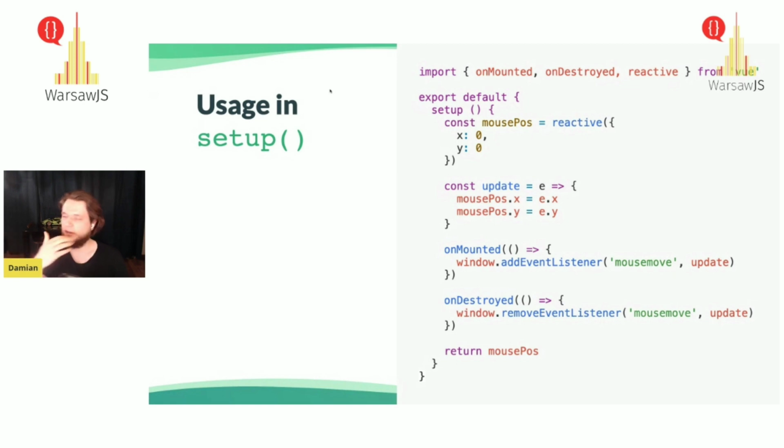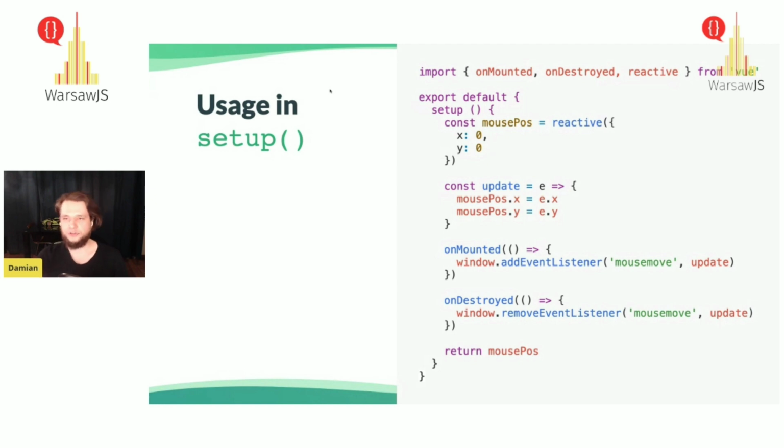Here we declare a reactive state for the mouse position. We declare a function where we update that mouse position, set up mounted and unmounted lifecycle hooks to add and remove the event listener, and then we return that reactive object on the component.